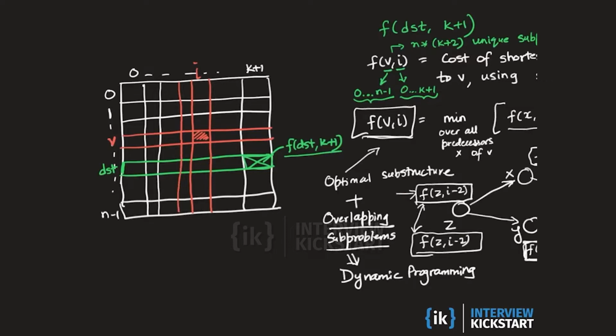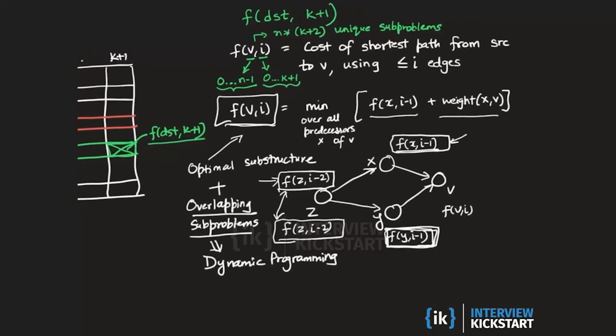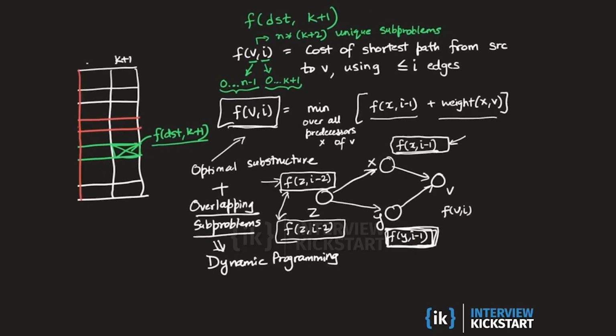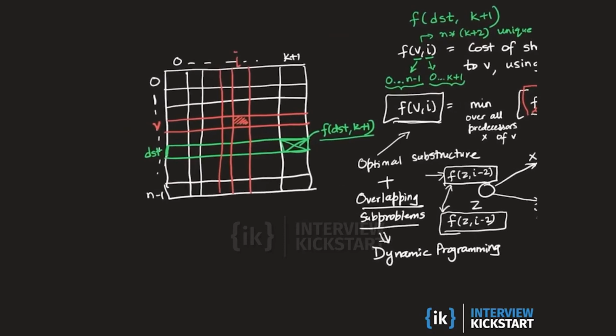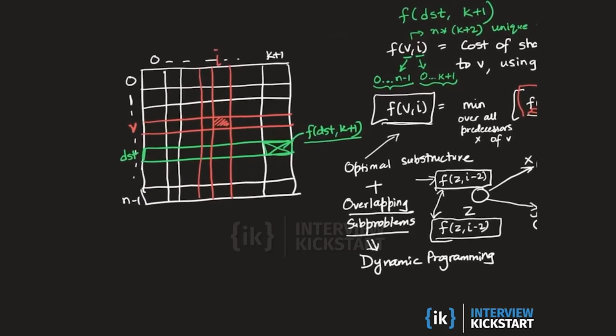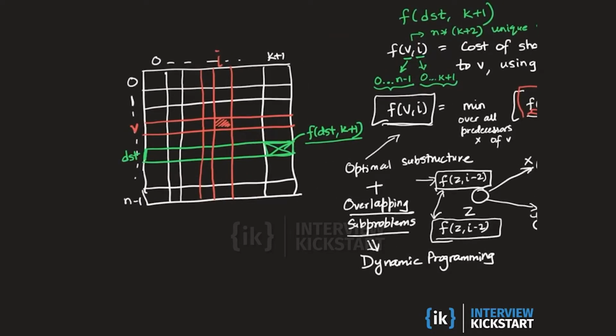But we know that f of v comma i is going to depend on f of x comma i minus 1, right? That's what we had here. So we need to ask, where is f of x comma i minus 1 going to be found in this grid? Well, it's going to be found somewhere in this column.